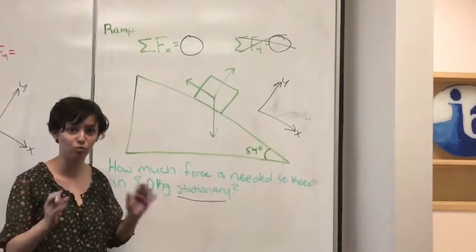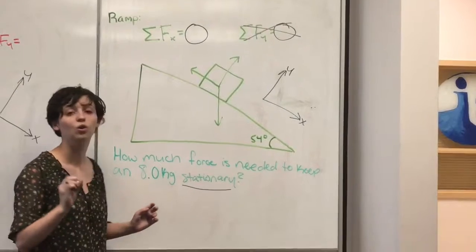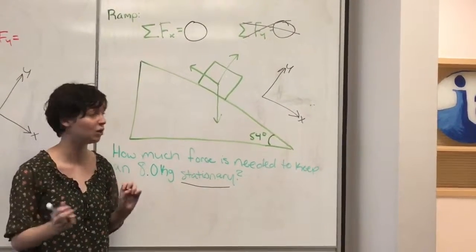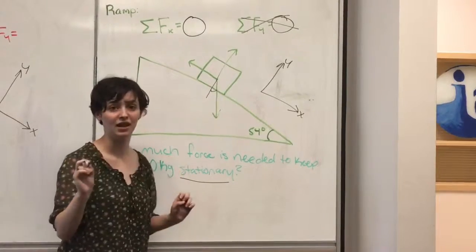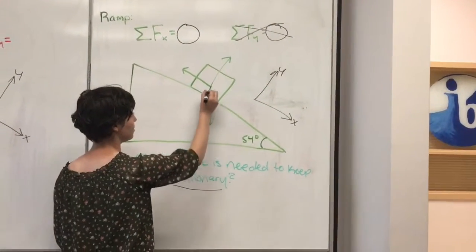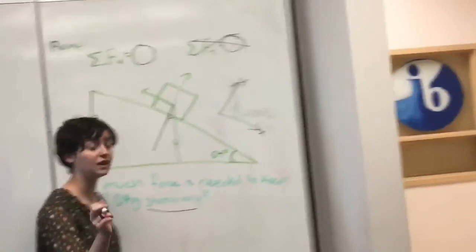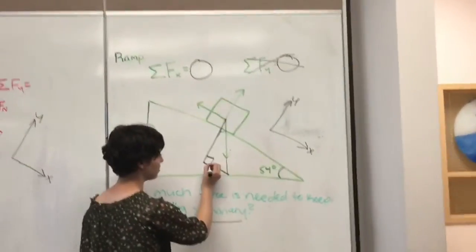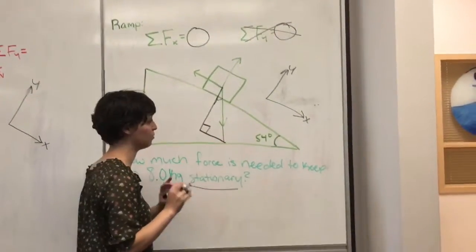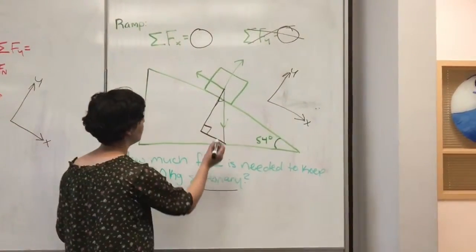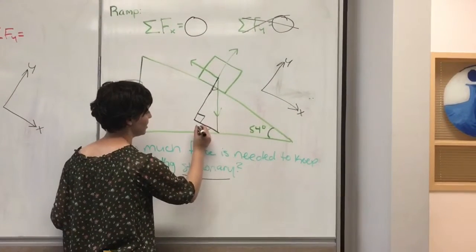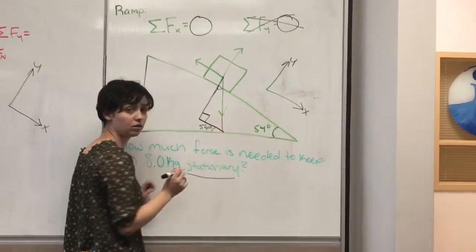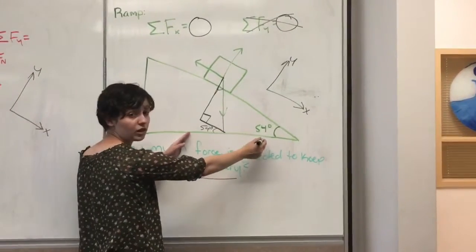So now that we've identified which axis we are using, we should identify which angle we are using right here. Now, an easy trick is to draw a complete triangle like this. Make sure it has a 90-degree angle, because basically what you're saying is that this angle is the same as this 54 degrees over here.